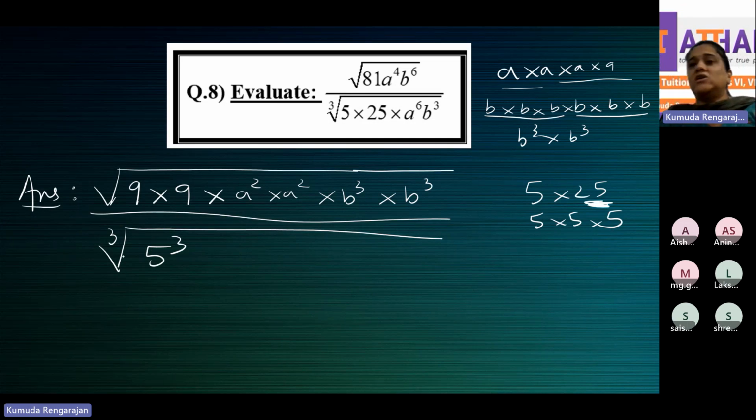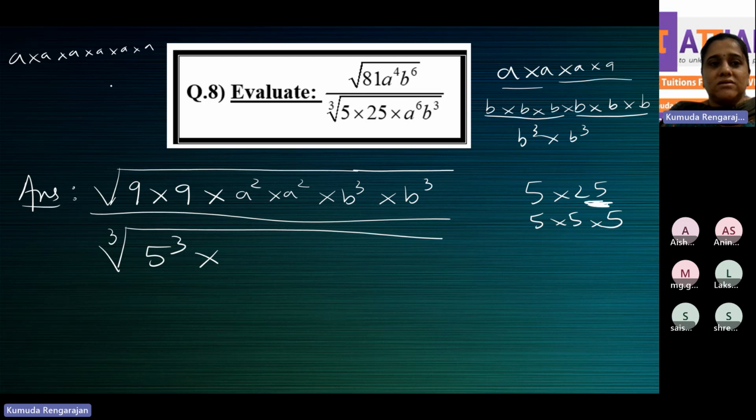When the terms are under the cube root, you want the same thing to happen 3 times. So 5 into 25. 25 is 5 into 5. So there are 3 5s, 5 cubed. So this 5 into 25 can be written as 5 cubed into a to the power 6. See, the same a to the power 6 is a into a into a into a into a into a. 6 a's.